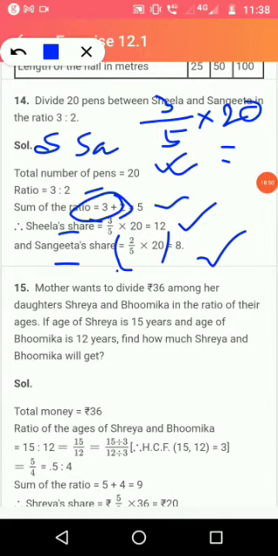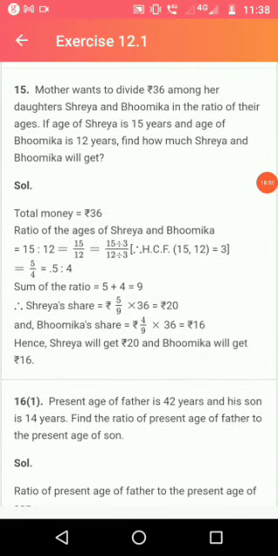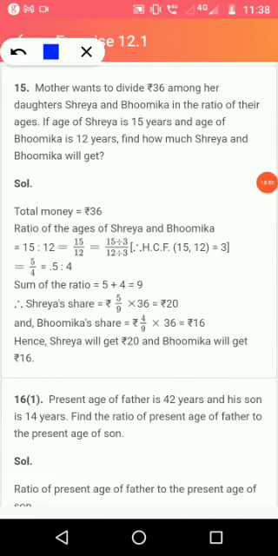Next, mother wants to divide 36 rupees among Shreya and Bhumika in the ratio of their ages. Okay, so one is Shreya and one is Bhumika. Now if the age of Shreya is 15 and age of Bhumika is 12, find how much Shreya and Bhumika will get. So I will take this ratio and simplify it.